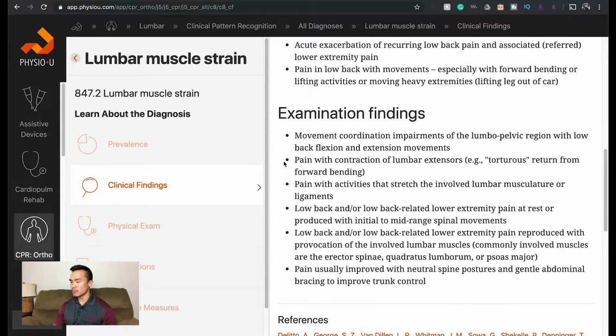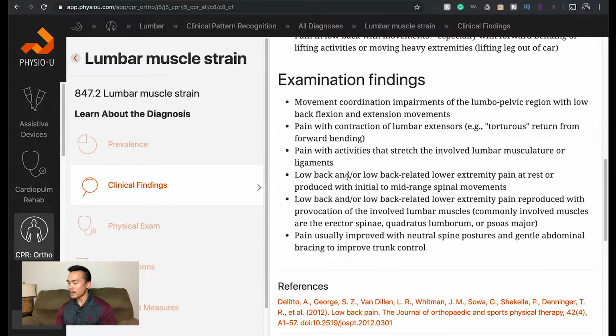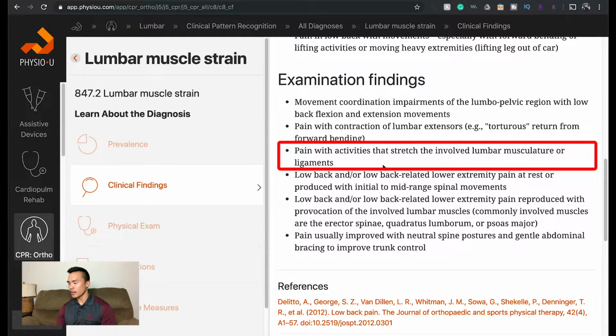Exam findings, movement coordination impairments of the lumbopelvic region with low back flexion and extension movements, pain with contraction of lumbar extensors, pain with activities that stretch the involved lumbar musculature or ligaments, low back pain and low back related lower extremity pain at rest or reproduced with initial to mid-range spinal movements. Let's go back to that other bullet point. Pain with activities that stretch the involved lumbar musculature or ligaments.